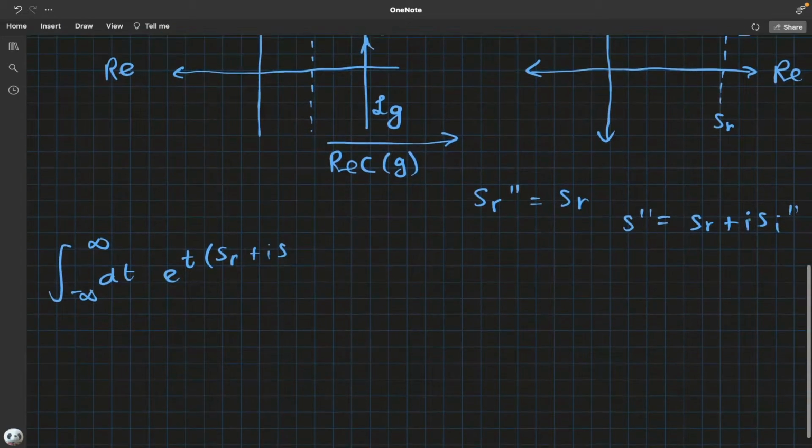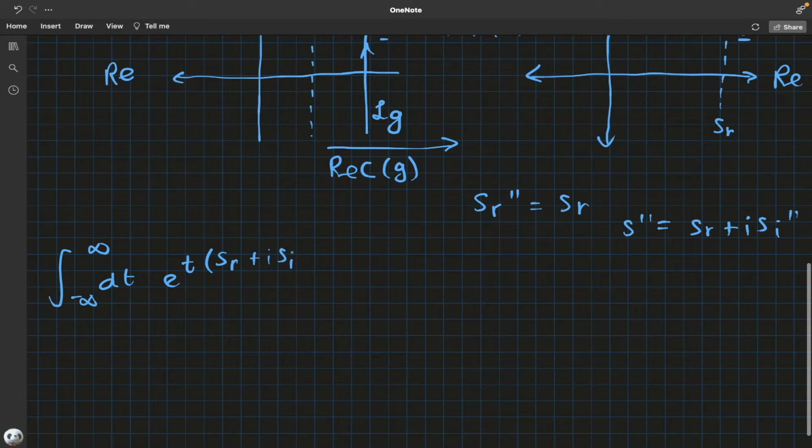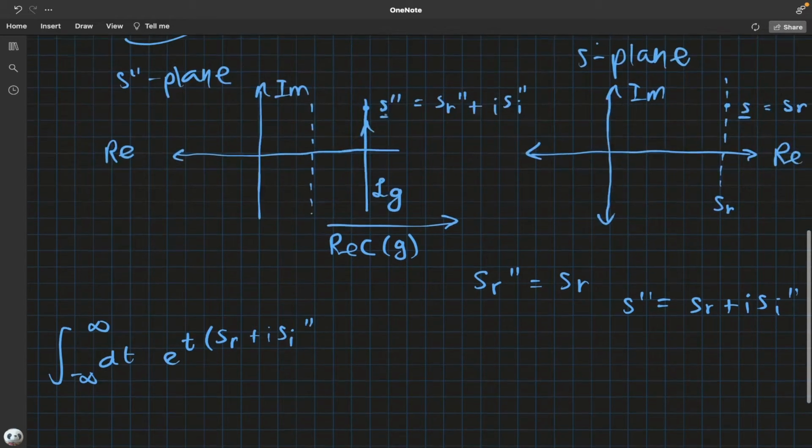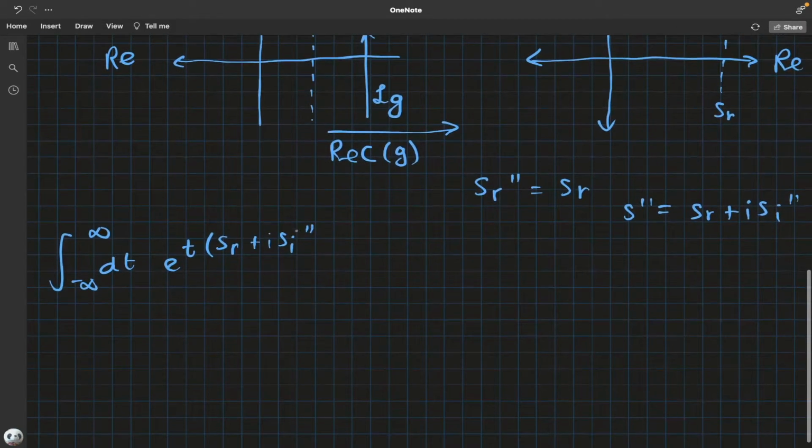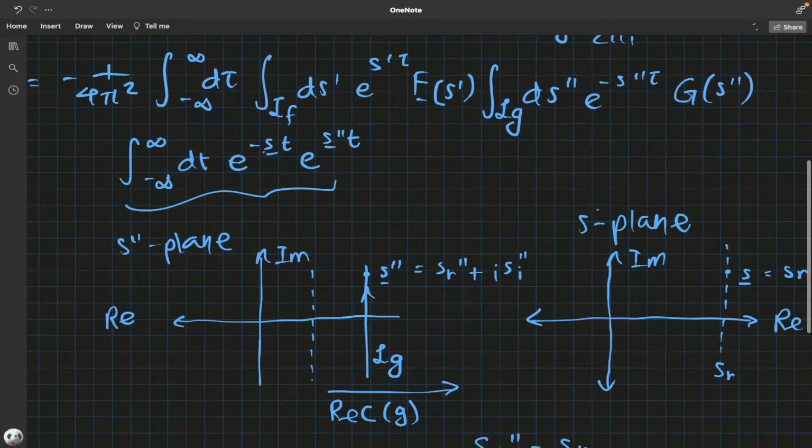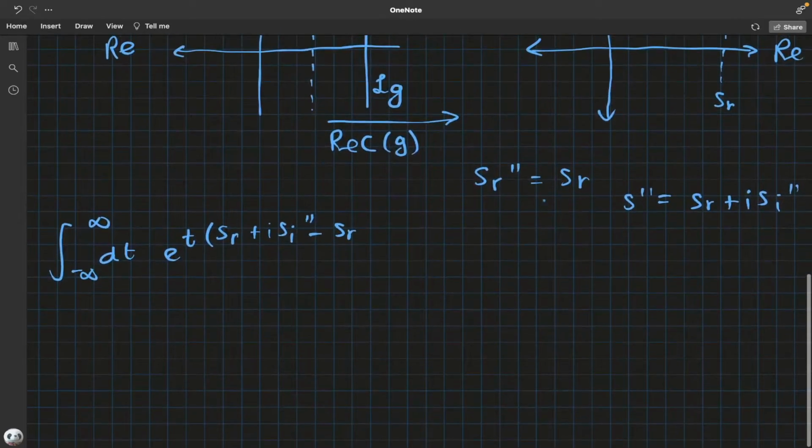S double prime is S real plus I S imaginary double prime, because we sort of made the real parts coincide, minus S real, that's this guy, minus I S I imaginary. That's it. The advantage of this is this goes away, and this is also a way of ensuring convergence.